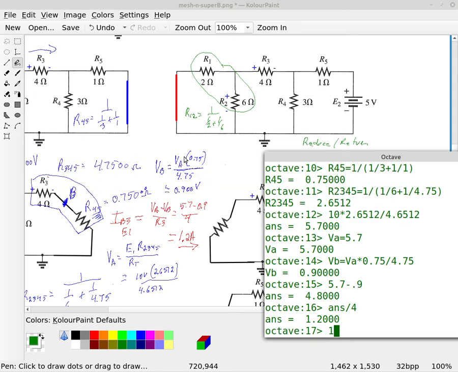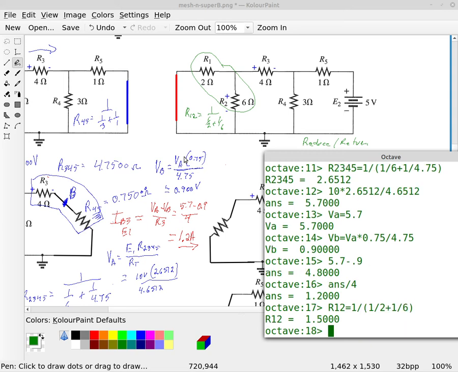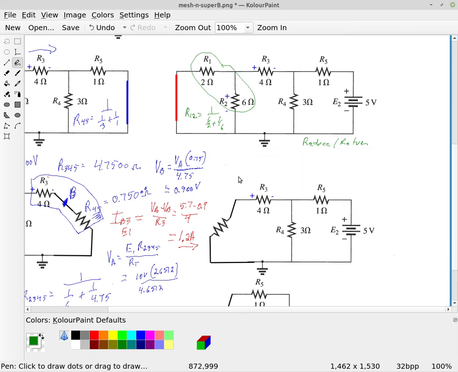So R12 is 1 over 2 plus 1 over 6, which is exactly 1.5. So this is R12 here, which is 1.5.